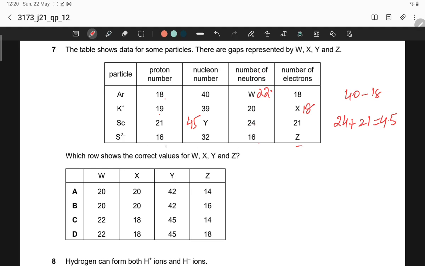The number of protons is equal to the number of electrons, so sulfur gains 2 electrons, 2 more than the number of protons, so it will be 18. 16 is the proton number, 16 is the neutron number, and 16 plus 2 is equal to 18.